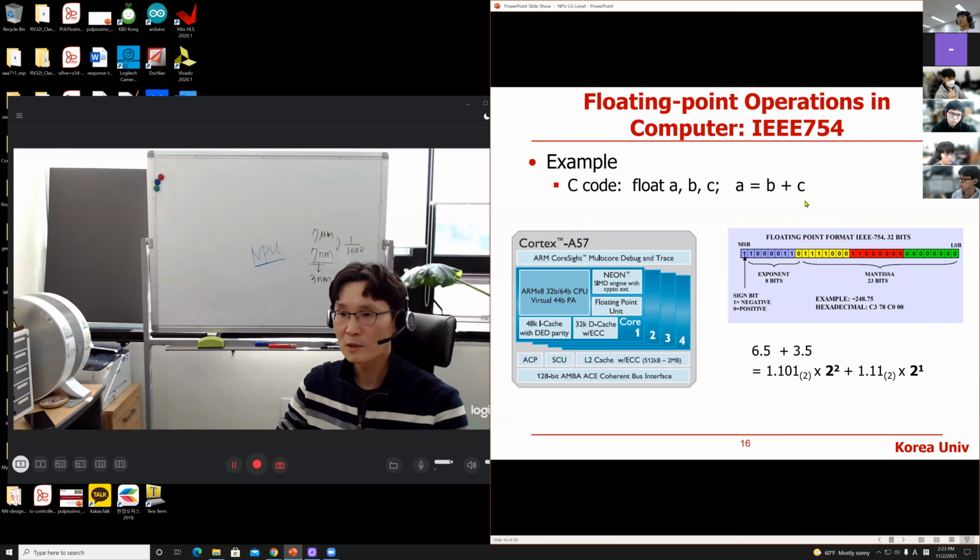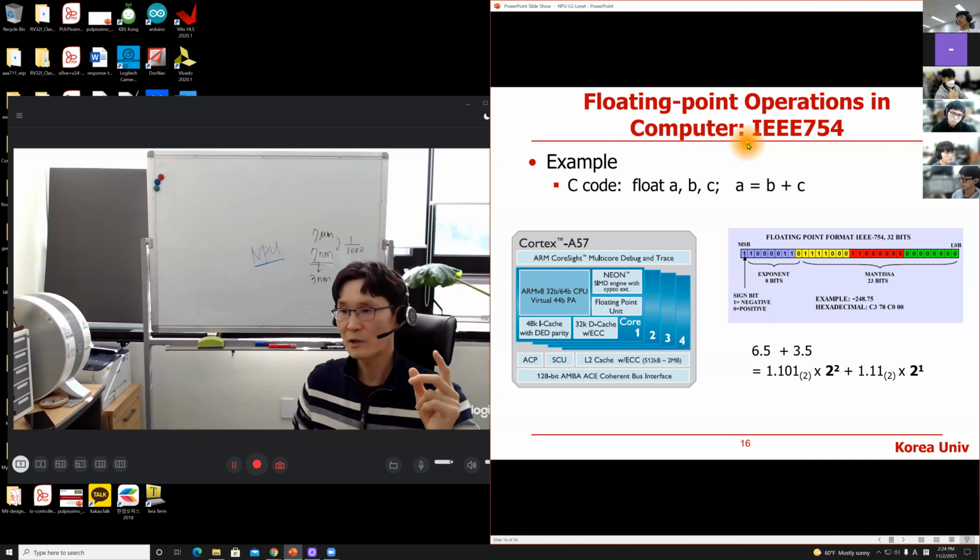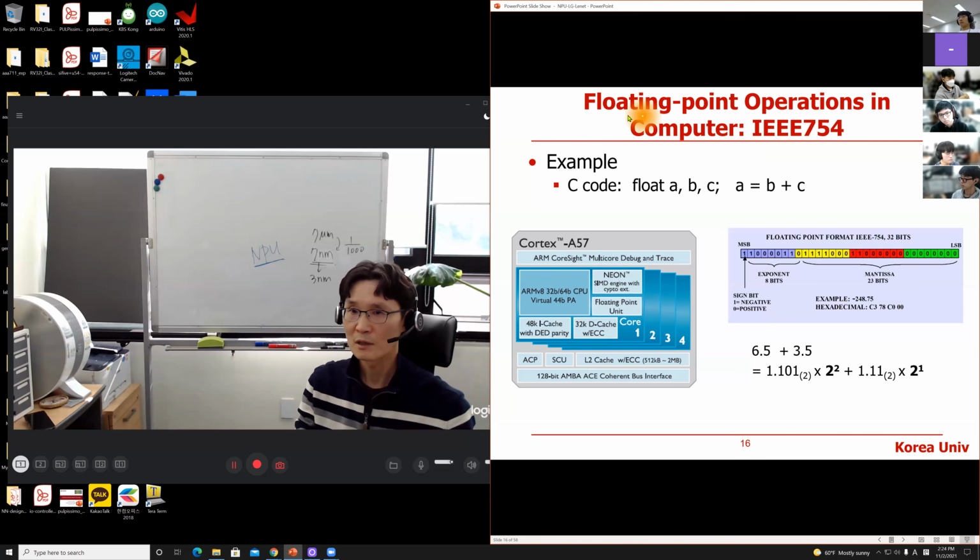And floating point operation. A computer is able to process two kinds of data. The first one is integer. The second one is real numbers, right? Real numbers, that is floating point numbers, right? And to represent this, floating point local variables A, B, C, float, right? In C, the data type. We are using 32 bits, okay? 32 bits for each local variable, A 32-bit, B 32-bit, C 32-bit.